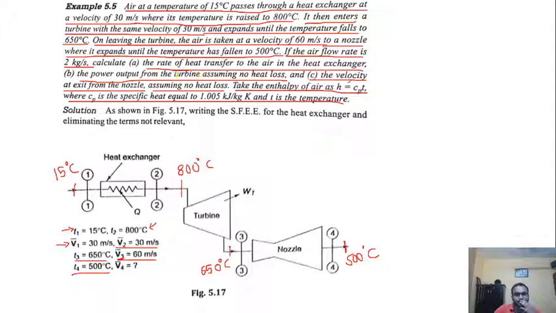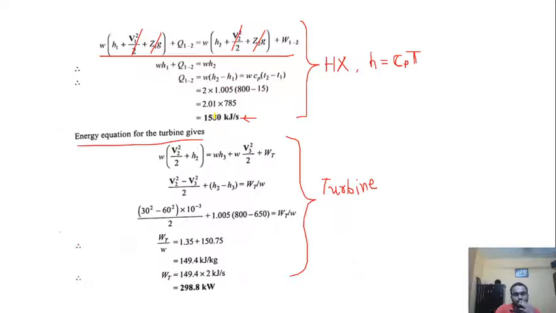Let me show you this statement: the power output from the turbine assuming no heat loss. In this SFEE, with these formulas we have all the values available, that is the velocities.